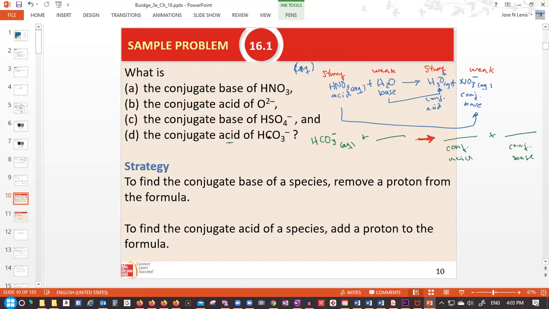That means it has to be a base, because bases form conjugate acids. If this is a base, that means the base is going to lose that proton. To whom?